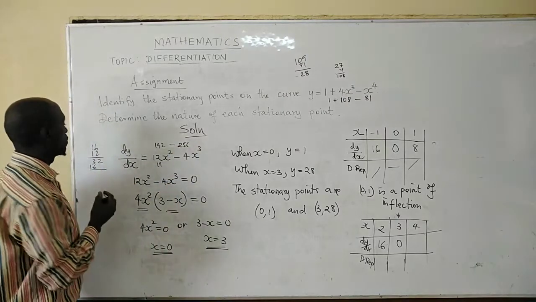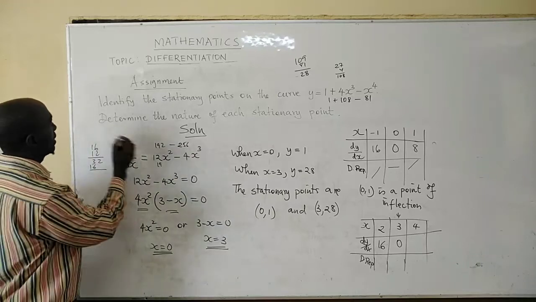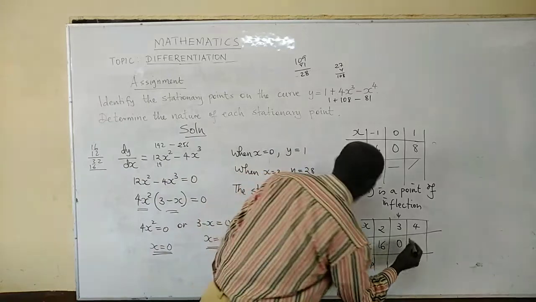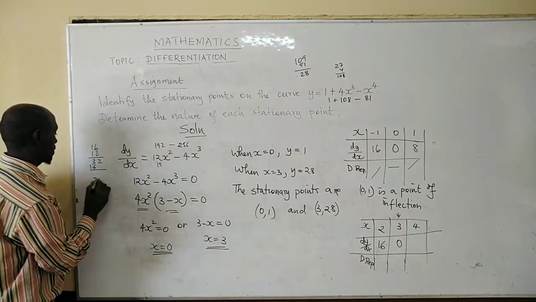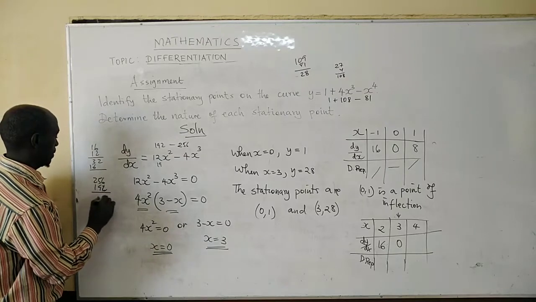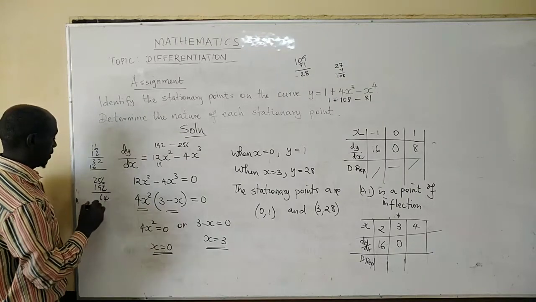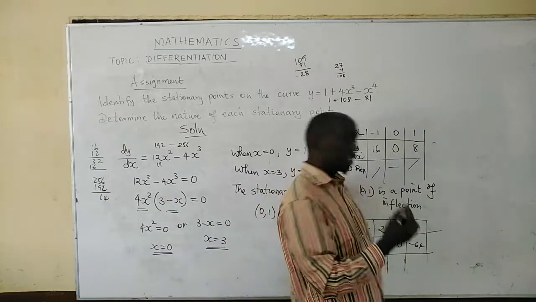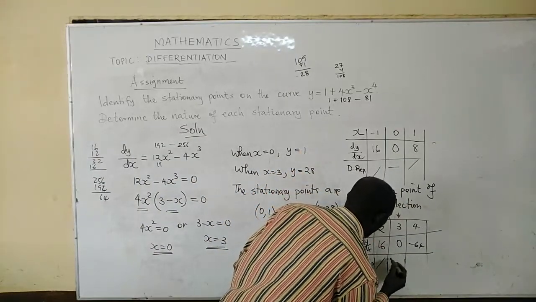So 192 minus 256, my dear learner, if you subtract that, you will get a negative number. It will be negative 64. So you will notice that the gradient changes from positive to 0 to negative.